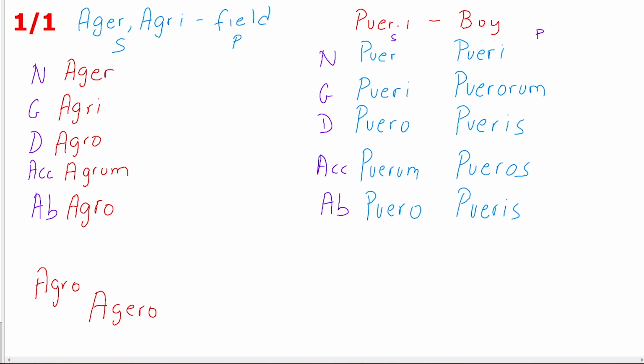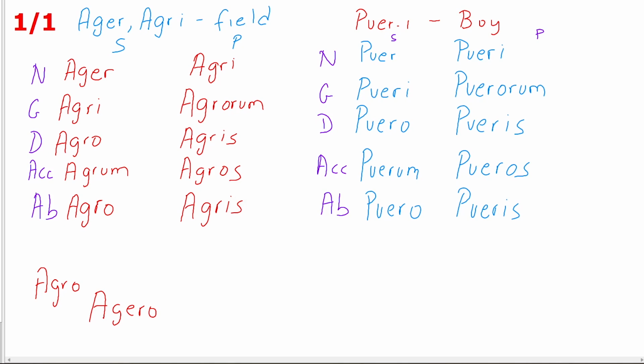Nominative plural, same as the genitive singular, would be agri, genitive plural agrorum, dative plural agris, accusative plural agros, and ablative plural agris. So that is why reading it properly in the dictionary is very important.